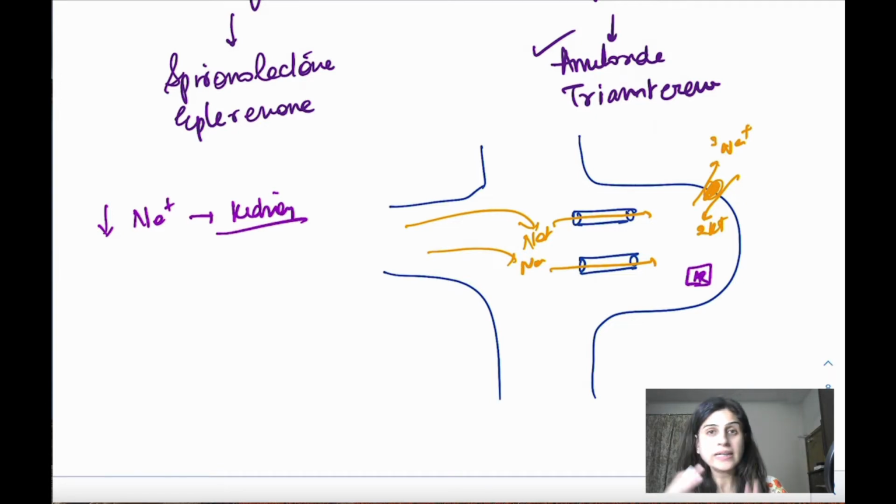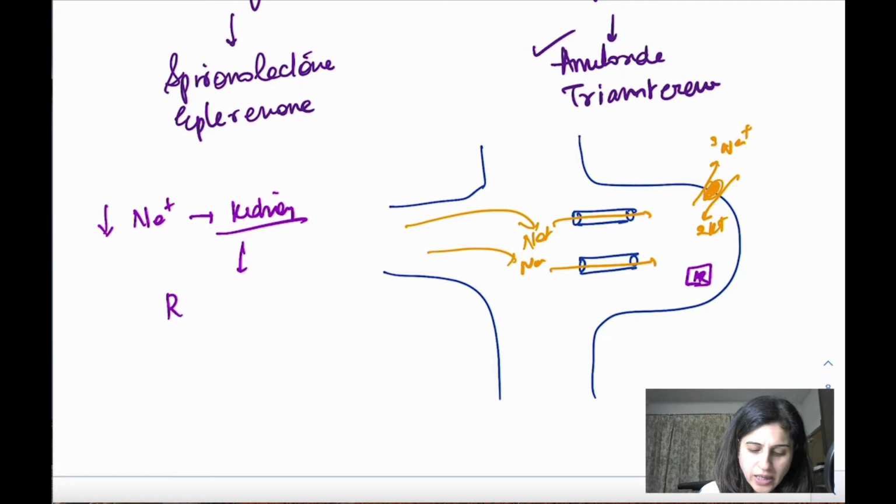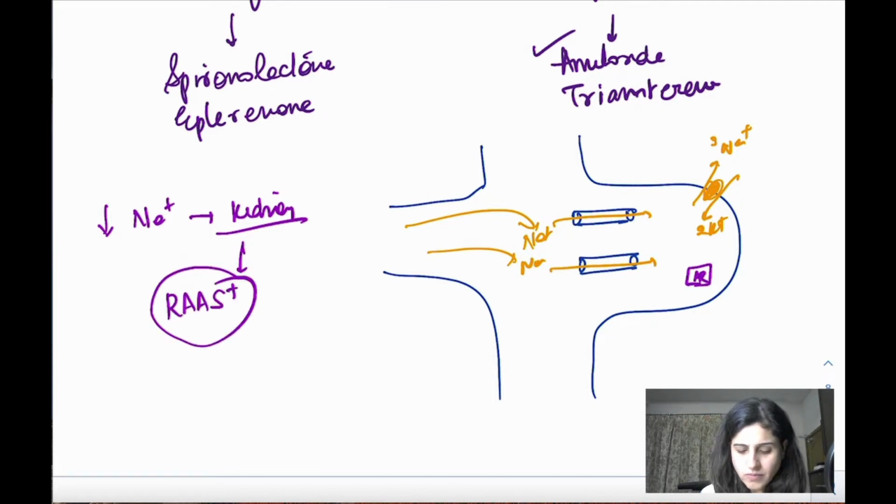So the macula densa is going to sense it. What will happen? The renin, angiotensin, aldosterone system gets stimulated. This leads to formation of angiotensin 1, angiotensin 2 and also the formation of aldosterone, and aldosterone is now released.